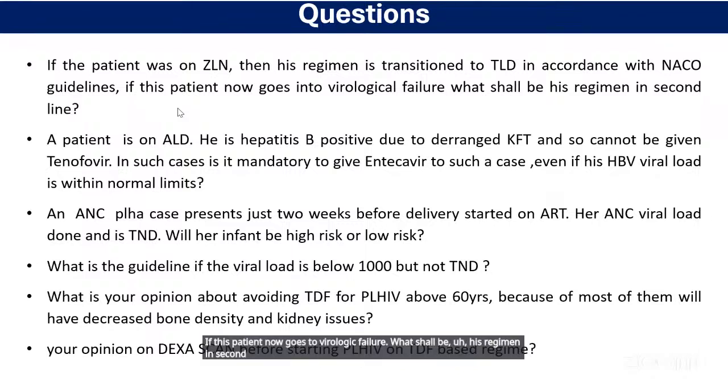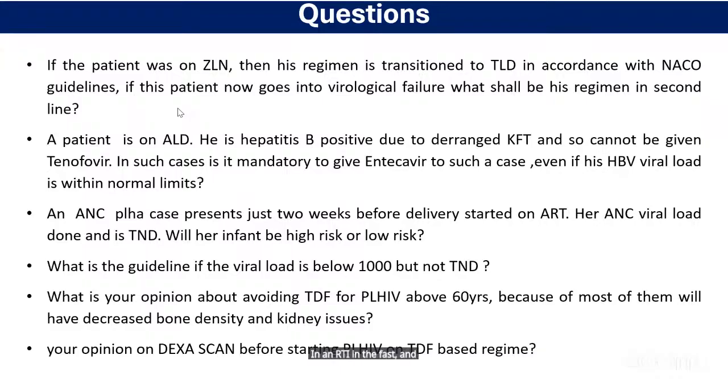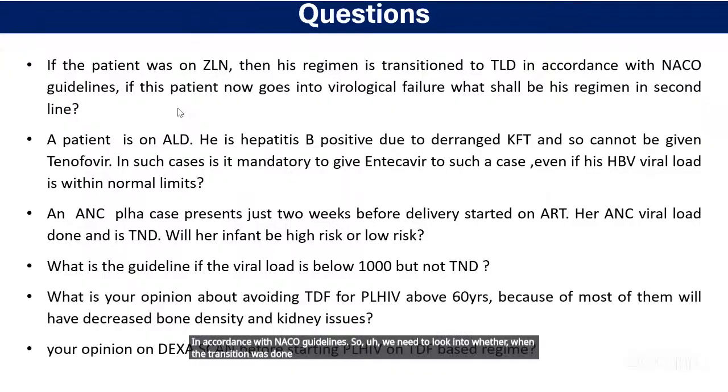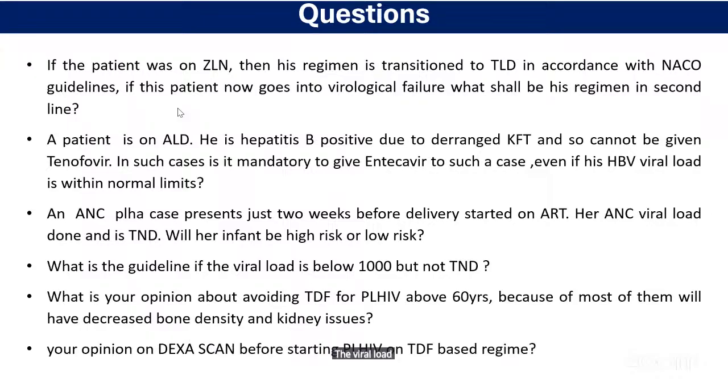So the patient has received NNRTI in the first line and been transitioned to TLD in accordance with NACO guidelines. We need to look into whether, when the transition was done, the viral load was suppressed or not. If the viral load was suppressed, then there was no issue, and probably we can also use dolutegravir.